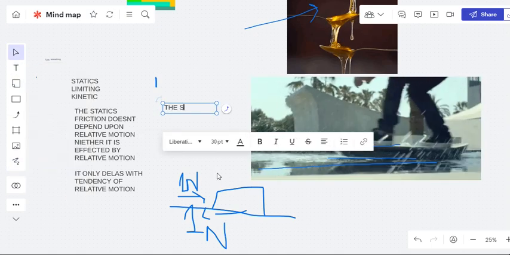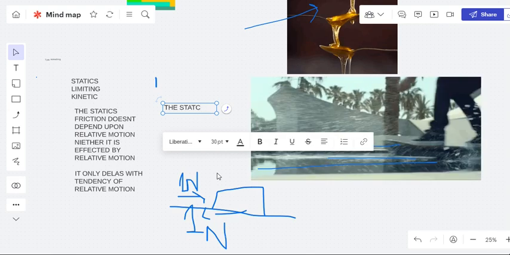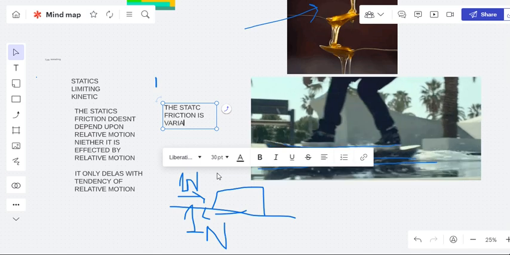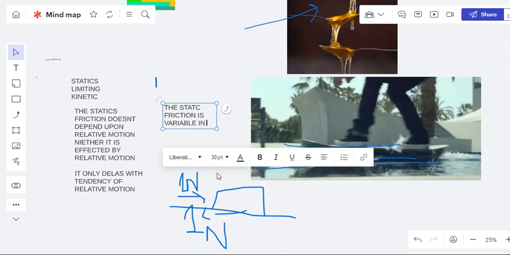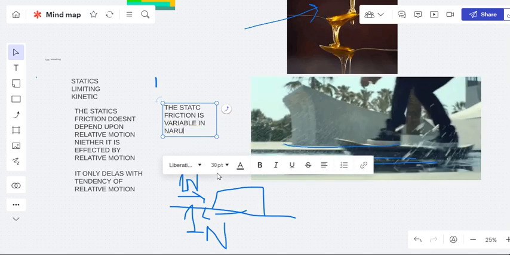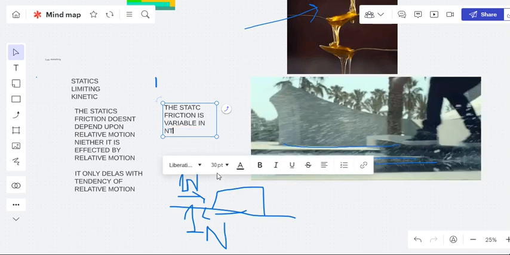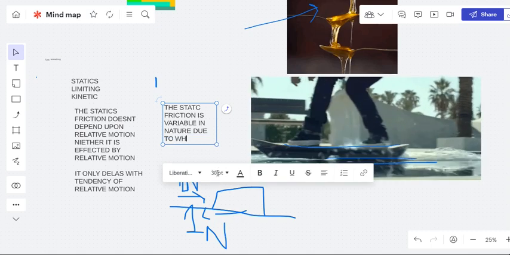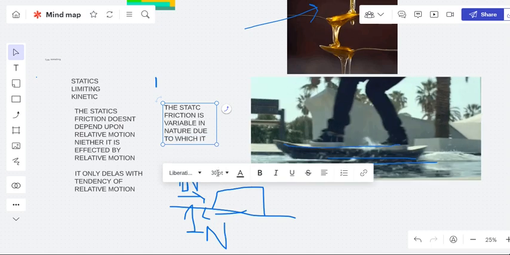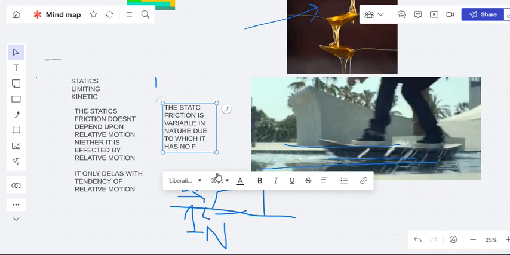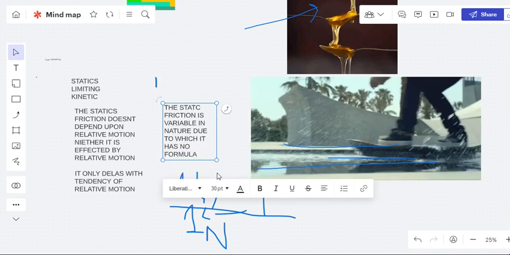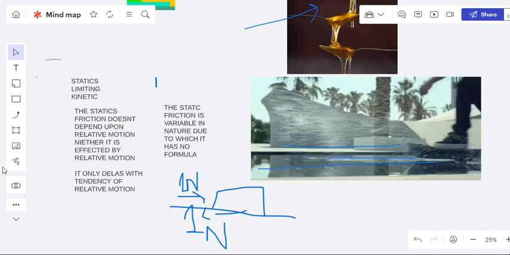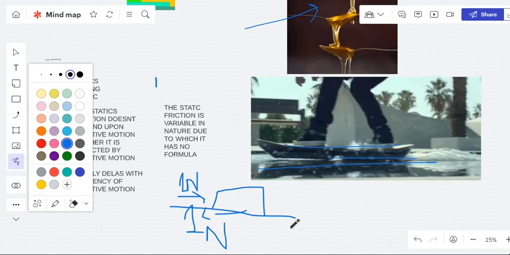The static friction is variable in nature. It changes, due to which it has no formula. How? 1 Newton force applied here and 1 Newton force acting in the opposite direction.